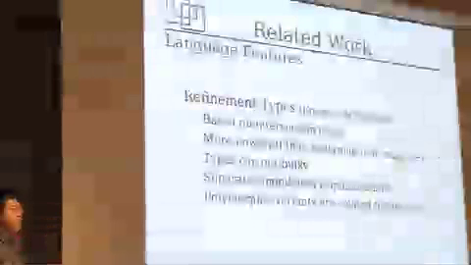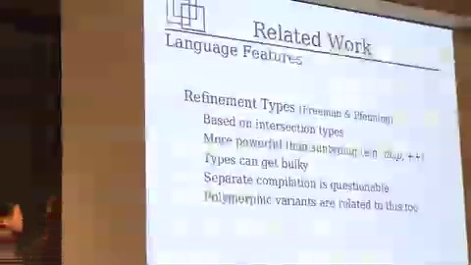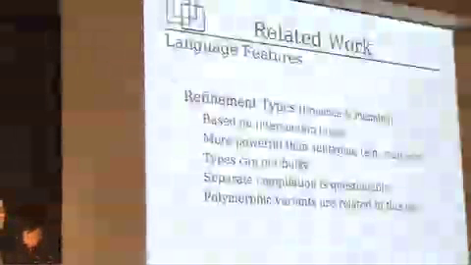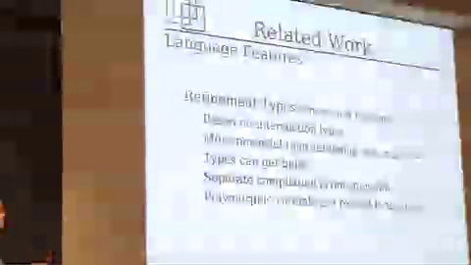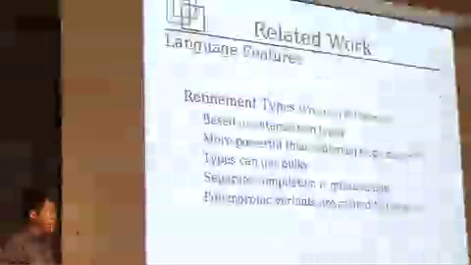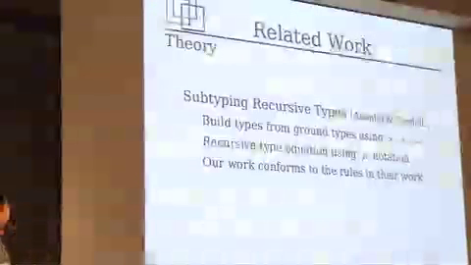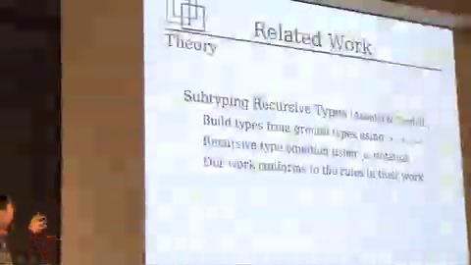And in the ML world, there are confinement types, and they are certainly more powerful than this subtyping scheme, but separate compilation is kind of questionable. There is also an advanced version of this called polymorphic variants, which is pretty much related to this, but they do separate compilation in a little bit of a strange way. They hash the value and just hope that they never coincide. So there are some theoretical related works like this.